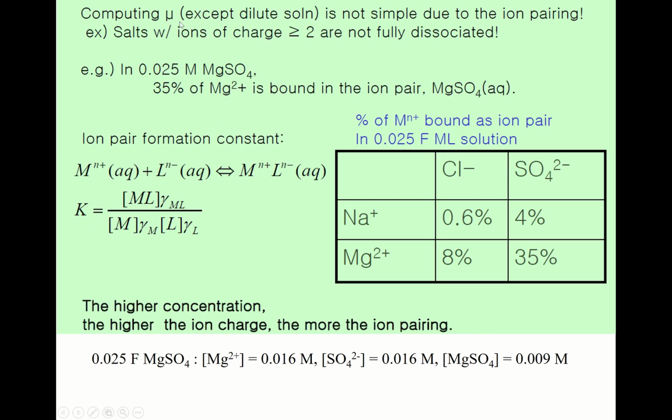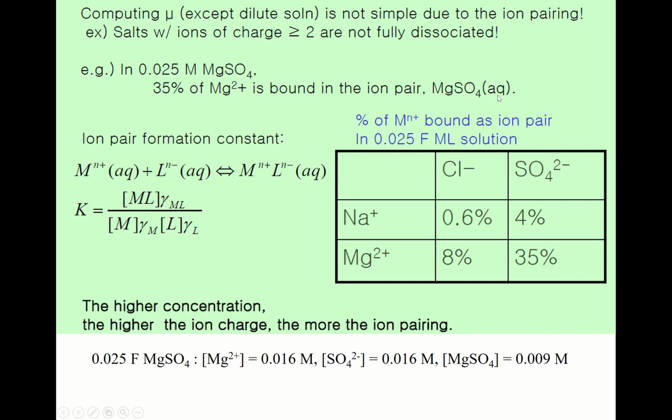Computing mu is not simple due to ion pairing. So far we didn't consider any ion pairing. For example, take magnesium sulfate. It may dissociate into magnesium ion and sulfate ion, and in addition to that, magnesium sulfate itself can be dissolved in water in this form, aqueous magnesium sulfate.